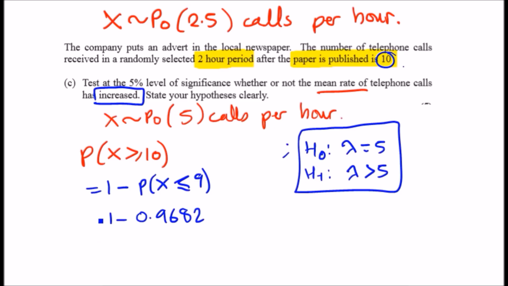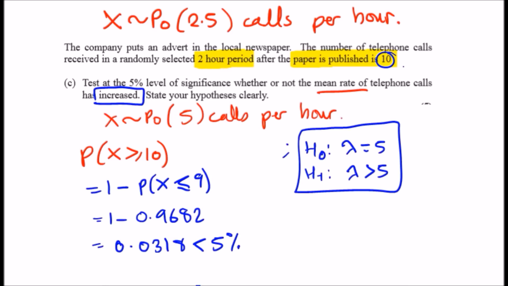So this already, to me, looks less than 5%. I already know what the statement is. So let's have a look. So we got 0.0318. Oh God, that would be a fatal error. 0.0318, and this is clearly less than 5%.